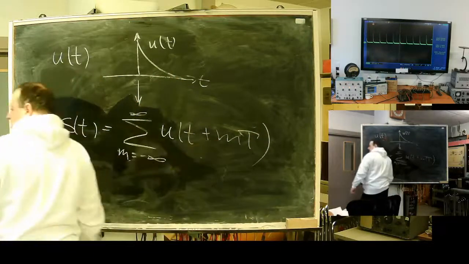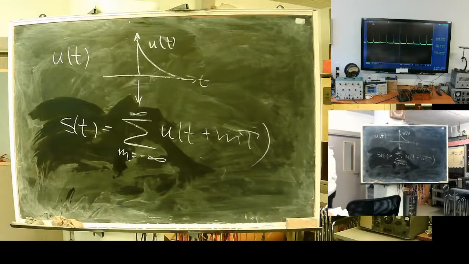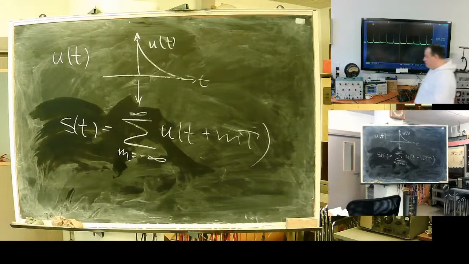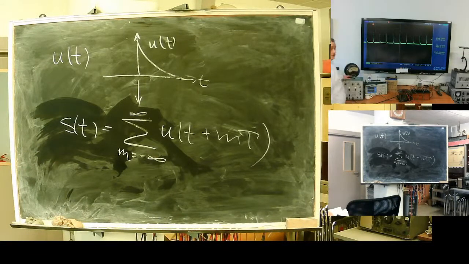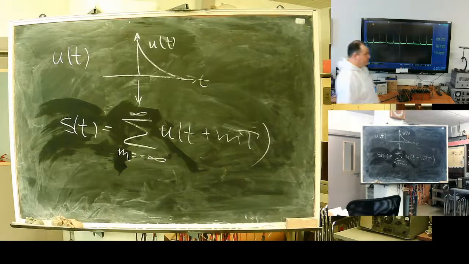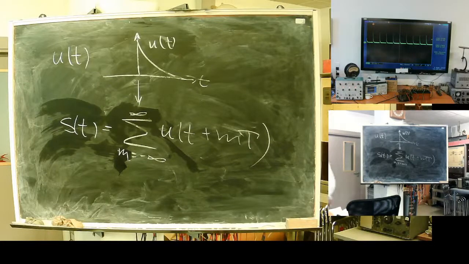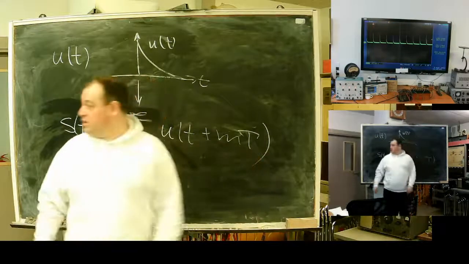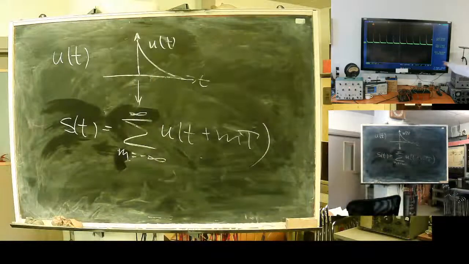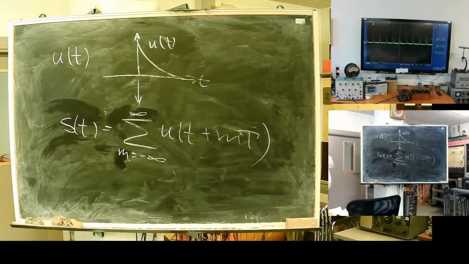Here m is an integer. It's a number of pulses. If this generator had a counter, m would be the number of the switch. And T capital is the period, in our case, 2 milliseconds.